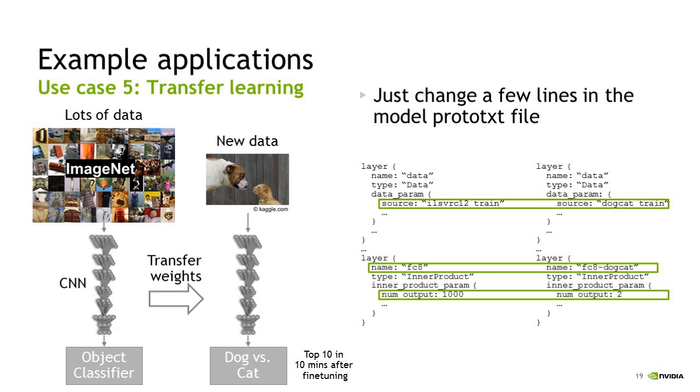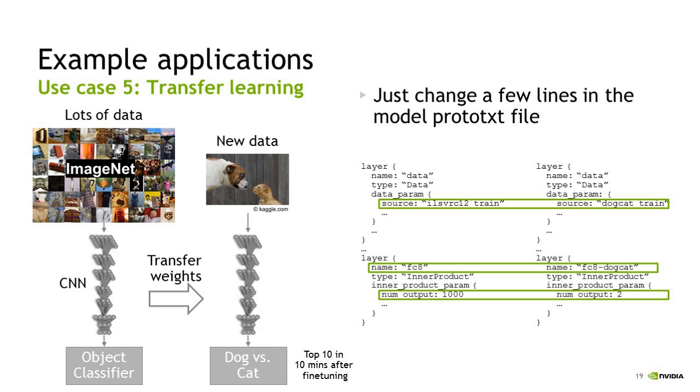And one very powerful feature of Caffe that's enabled by its compact method for outputting the trained models and specifying model formats is an application called transfer learning.